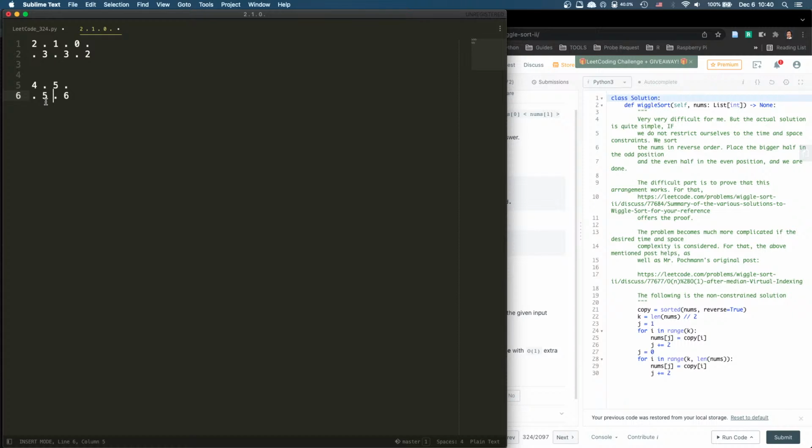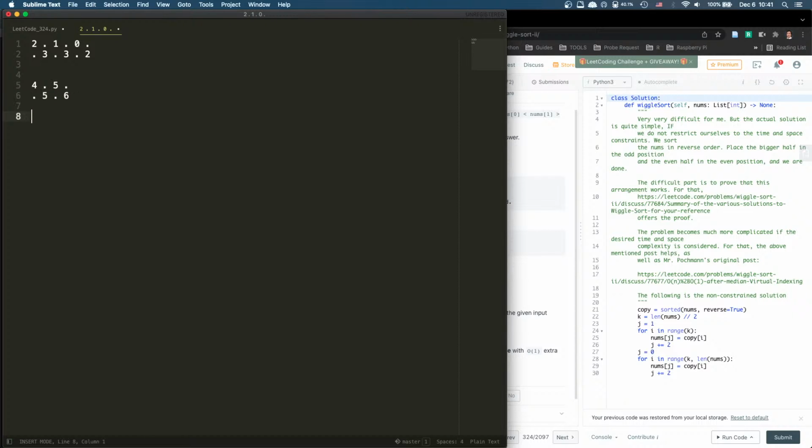The reason is that the 5 and 5 are the median values of this entire array, and if we have duplicates of the median values, that makes things complicated. Apparently for 4, 5, 5, 6, we cannot do this, because the 5 will end here and we start here, so they are too close to each other. So what else can we do?